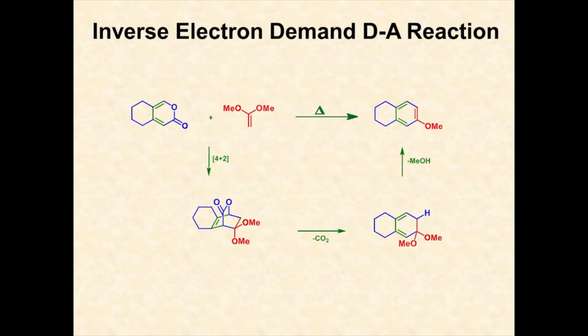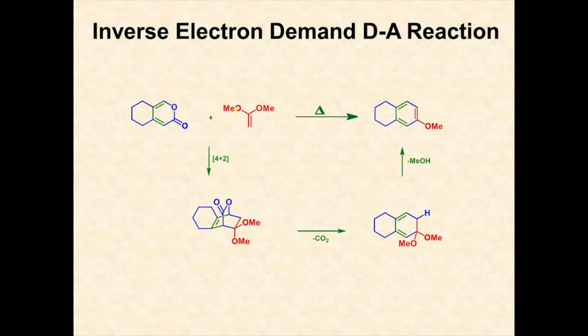We will have another example here with a different dienophile and diene system. Here also the diene has another fused aliphatic ring structure along with it, and also the lactone ring as an inherent part of the diene system.